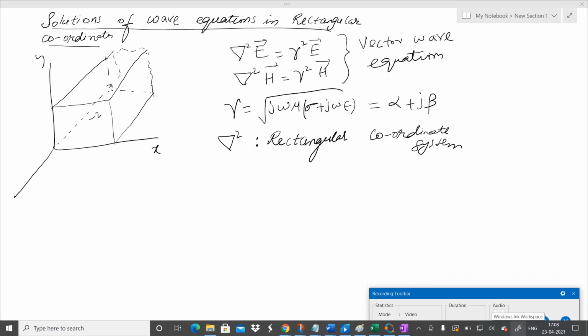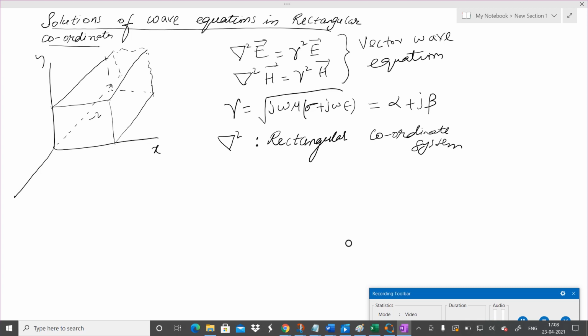Now we can see that these equations are written in vector form. We will first study the scalar form. Suppose you see the electric field, it has definitely three components, Ex, Ey, and Ez. So these equations will then degenerate into three scalar equations.